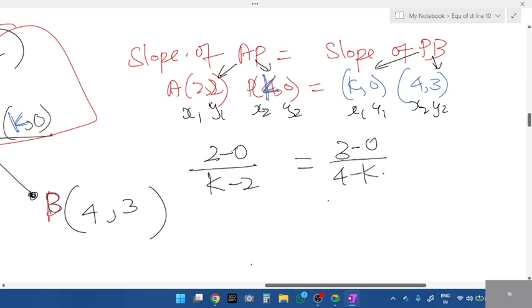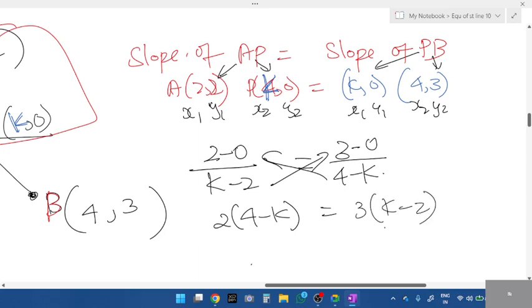This is the concept. Cross multiply. If you cross multiply, you will get 2 into 4 minus k is equal to 3 into k minus 2. 8 minus 2k is equal to 3k minus 6. Minus 2k goes to the other side.